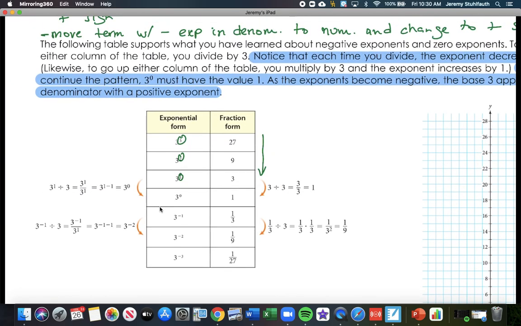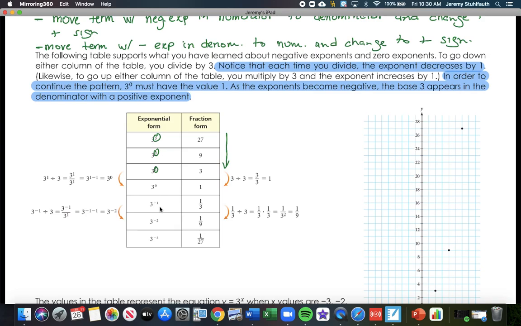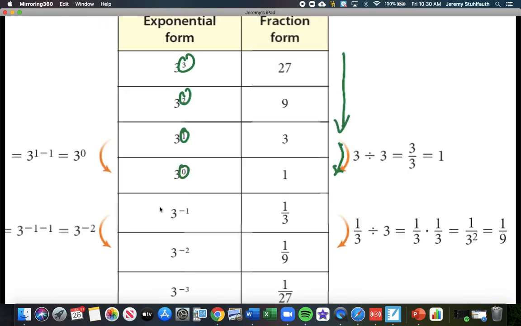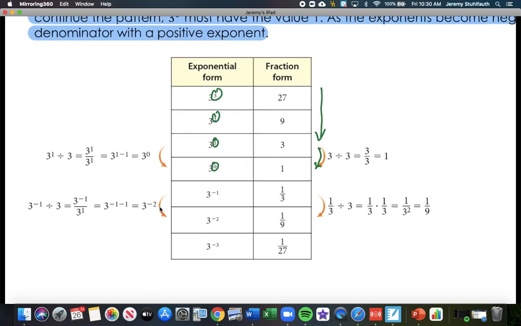And in order to continue this pattern of dividing by 3, when you divide 3 by 3, you get 1. The exponent decreases by 1 and it becomes 0. So that shows you visually why 3 to the 0 power equals 1, because you're dividing by 3 each time.